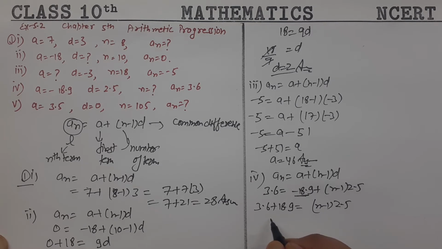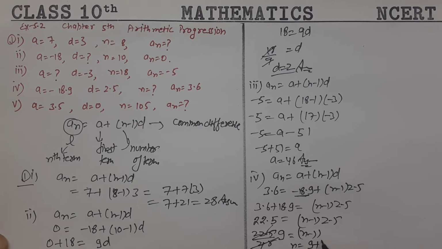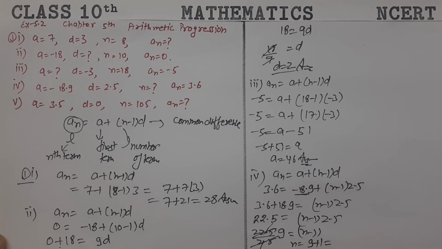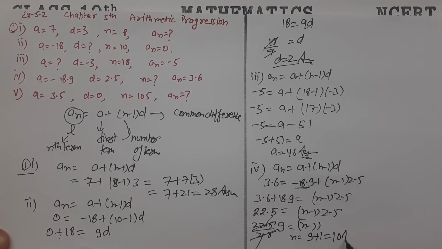Now adding. N minus 1 same. 2.5 goes to the left hand side in division. Cancel point from point. Cut, it comes at 9. Then N is equal to 9 plus 1, makes 10. Answer.